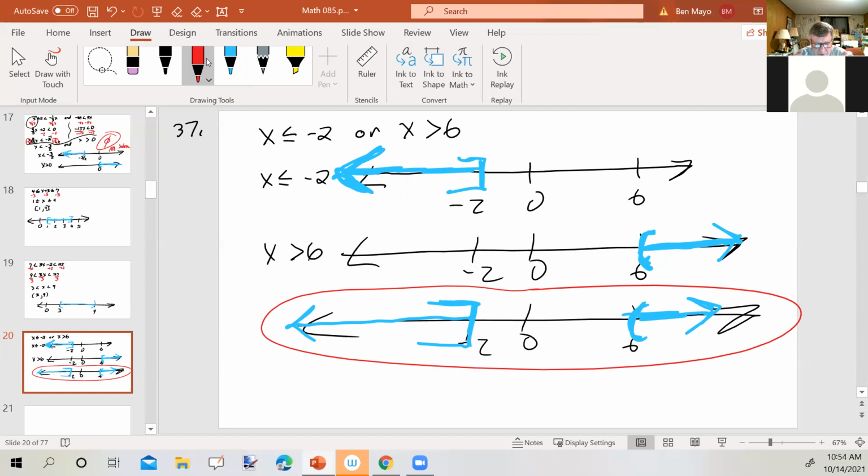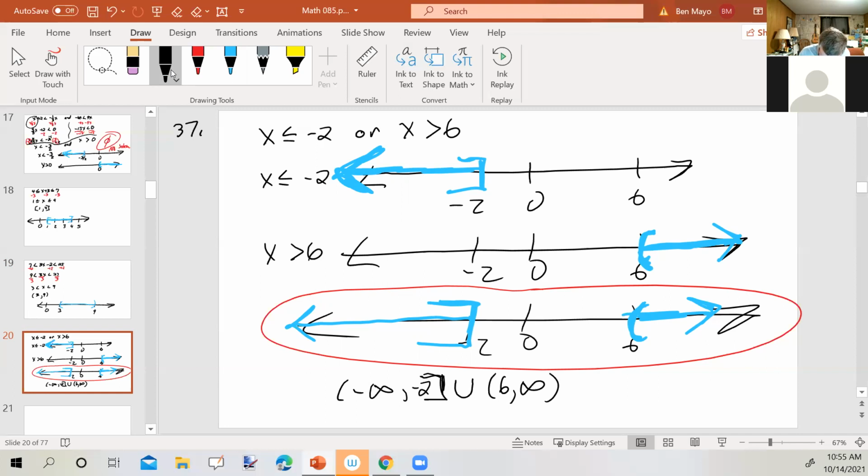Now, since the two pieces are separated geographically, when I write them in interval notation, it's going to require more than one interval. So I'm going to have from -infinity up to and including -2 in union with, after 6, going up to +infinity. Okay.